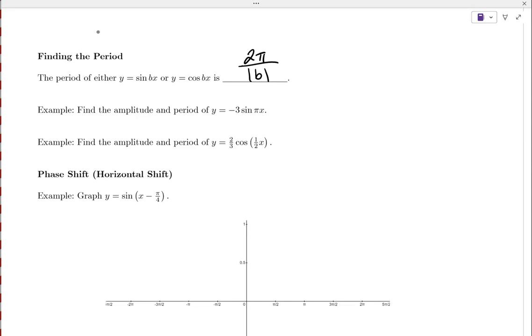Looking at that y equals -3 sine of pi x, what's the amplitude going to be? 3, right? It's the absolute value of the number in front. How do we find the period? What will we do? Good. Divide 2 pi by pi and get 2.